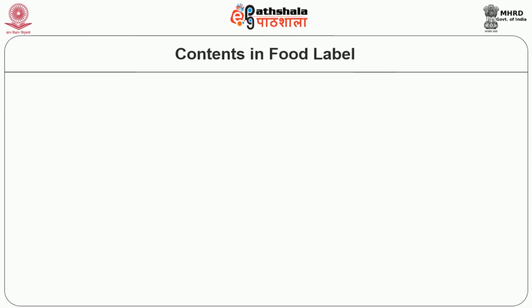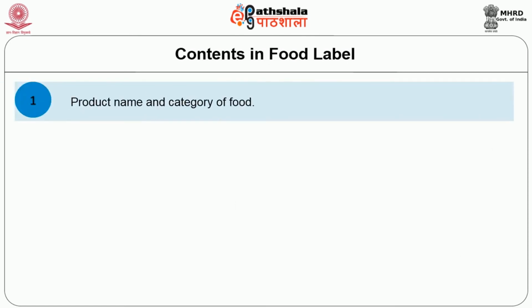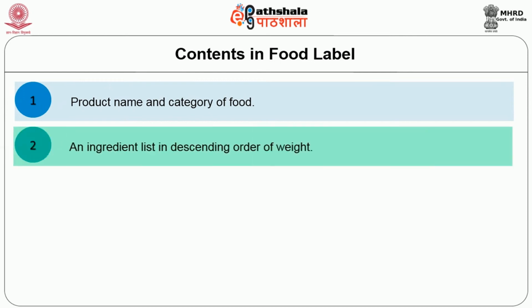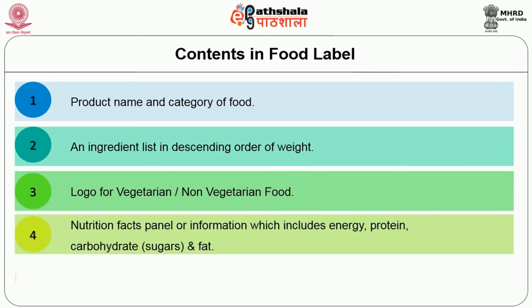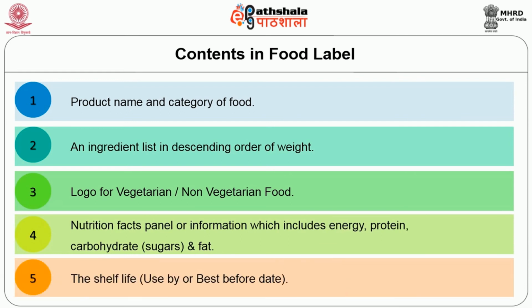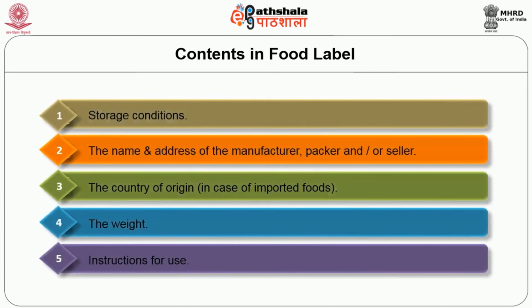Contents in a food label. As per the Indian regulation, a food label must have a product name and a category of food, an ingredient list in descending order of weight, a logo for vegetarian and non-vegetarian food, a nutritional fact panel or information which includes energy, protein, carbohydrate and fat, the shelf life, the storage condition, the name and address of the manufacturer, packer or seller, the country of origin, the weight, and instructions for use.